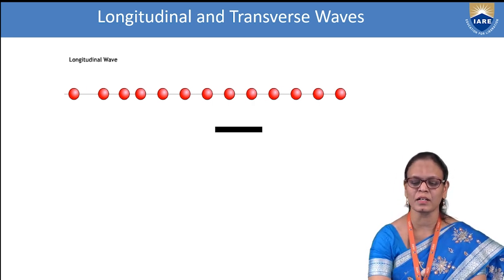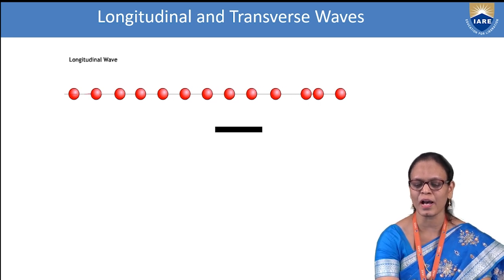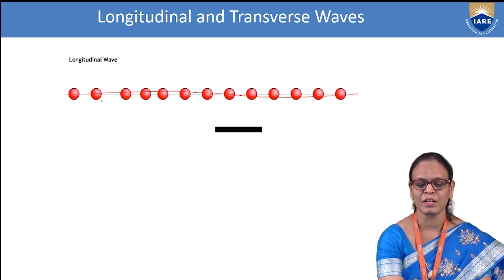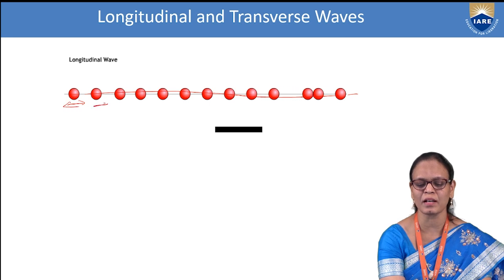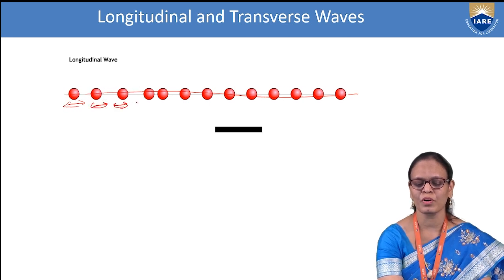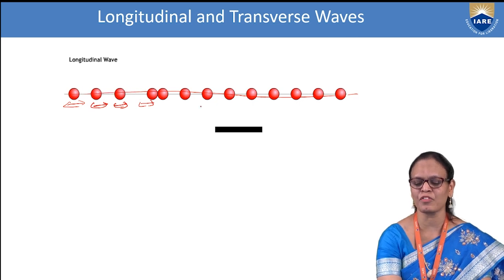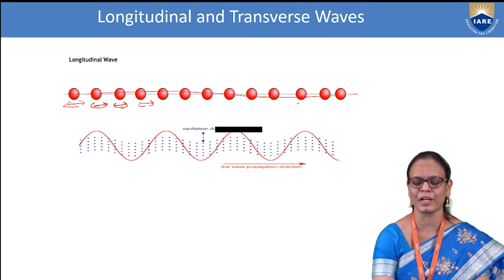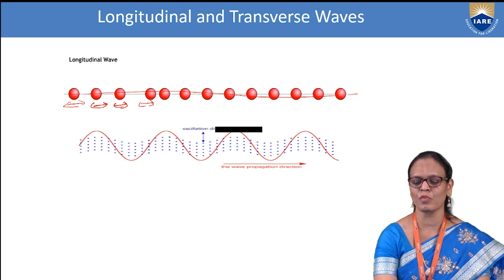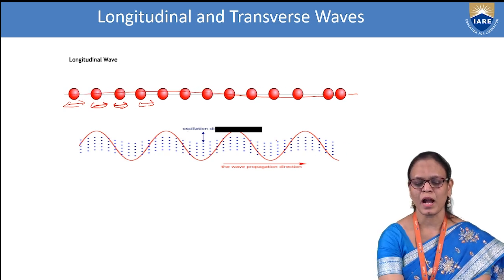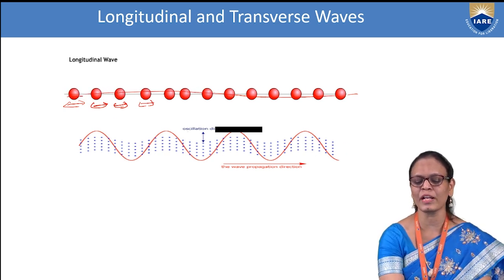Suppose if you see here, if this is the string you have, when we vibrate, you can see how the particles are vibrating. If this is the direction of propagation of the wave, moving forward like this, the particles are moving like this.